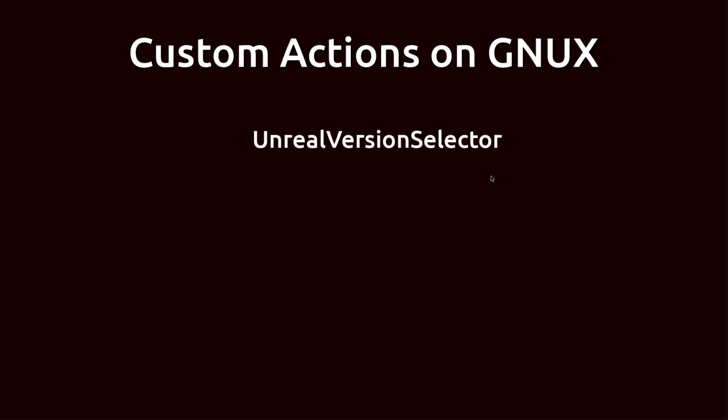We could do that manually using the Unreal editor itself or the Unreal build tool. But the Unreal version selector combines all in one tool, and additionally, it uses the correct Unreal Engine version you have installed on your local machine. So it will look at the engine association and will use the correct Unreal editor version, for example. That's really cool.